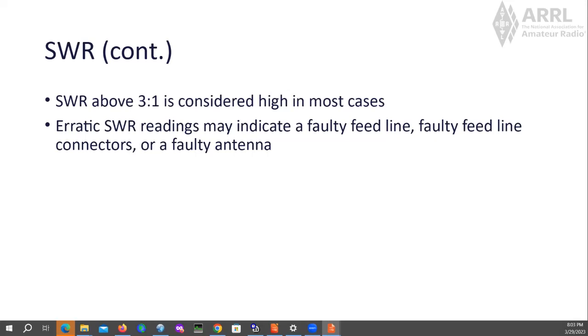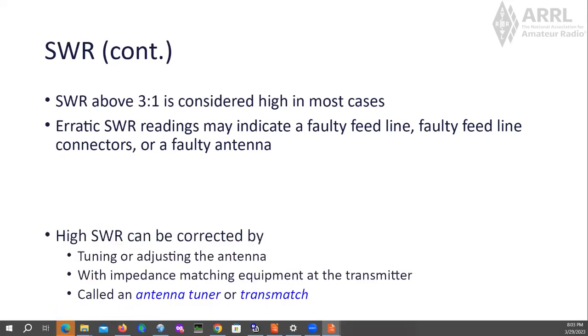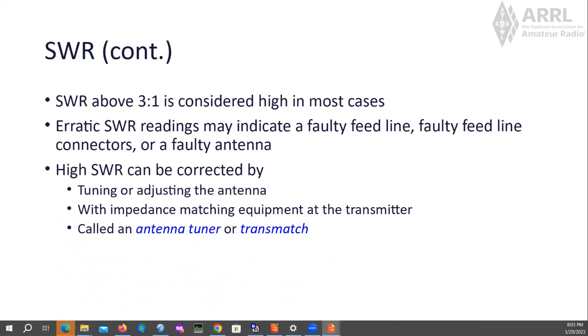Erratic SWR readings may indicate a faulty feed line, faulty feed line connectors, or a faulty antenna. Something to check out. High SWR can be corrected by tuning or adjusting the antenna with impedance matching equipment at the transmitter called an antenna tuner or a transmatch.